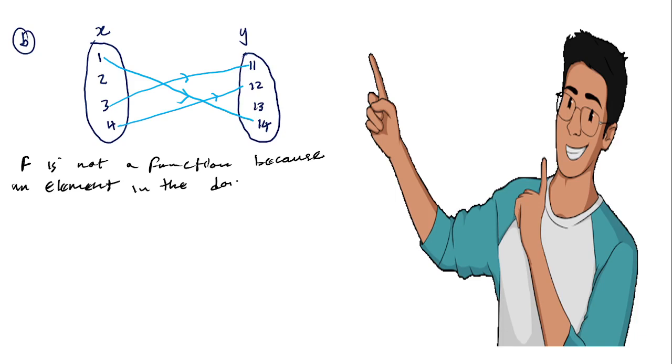Can someone tell me why I am not saying an element in Y has no member, but instead I'm saying an element in X has no member? Why am I saying so?